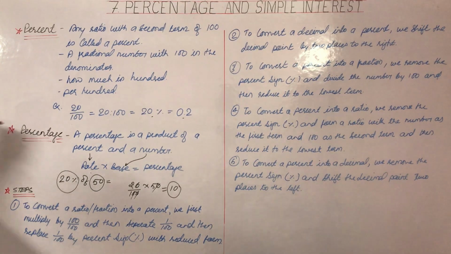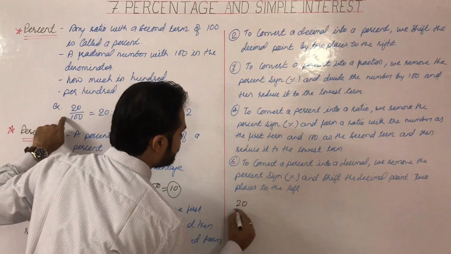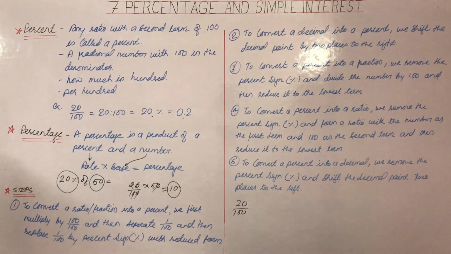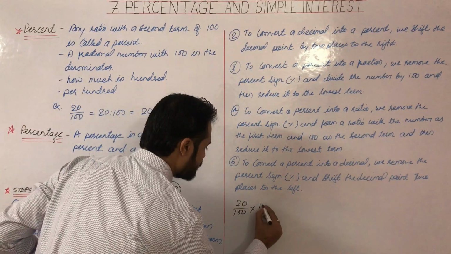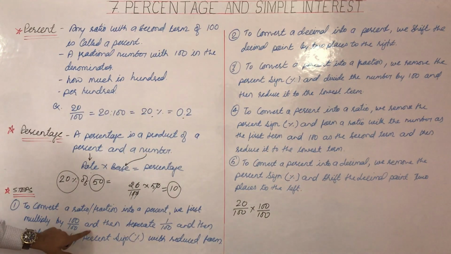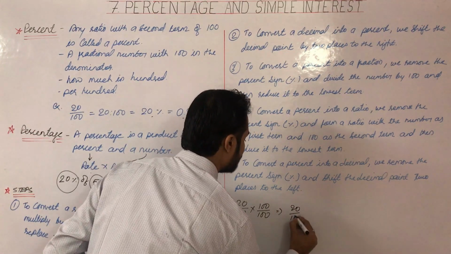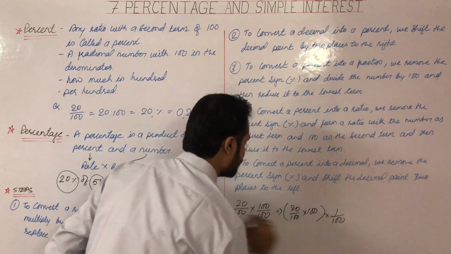So for example, we have 20 by 100. Now we have to write 20 by 100 in percent form. So to convert a ratio into a percent, we first multiply by 100 and 100. So multiply this fraction by 100 and 100 in the first step, and then separate 1 by 100. So in the next step, 20 by 100 into 100 into 1 by 100.